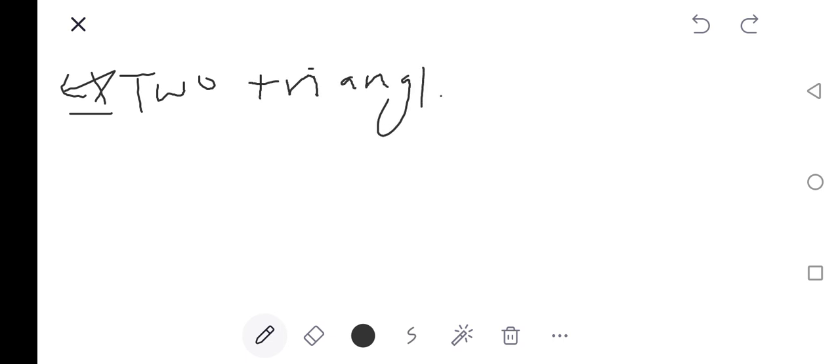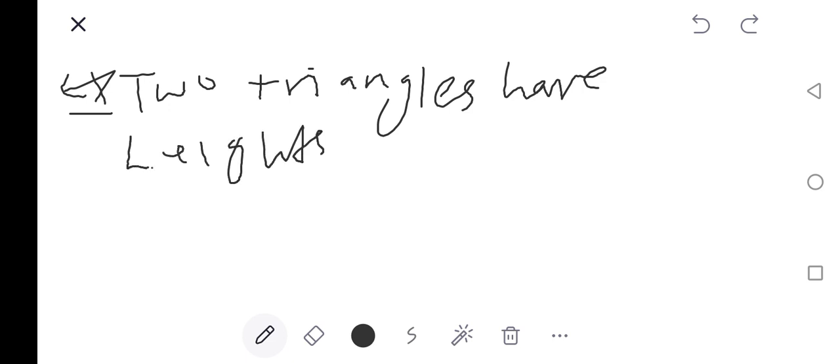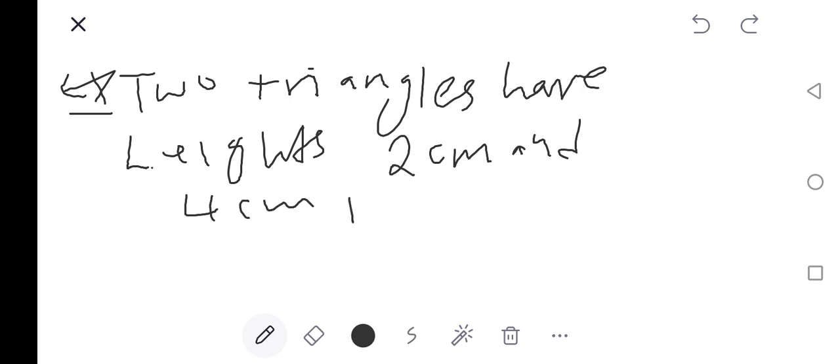Let's look at an example. This is an example. Two triangles have heights 2 centimeters and 4 centimeters respectively.